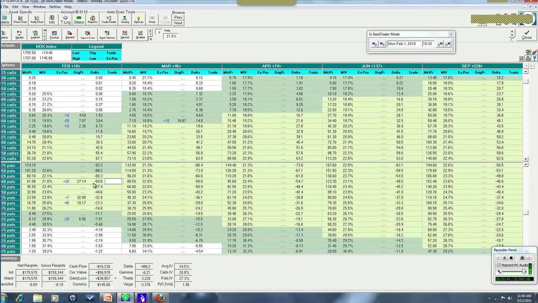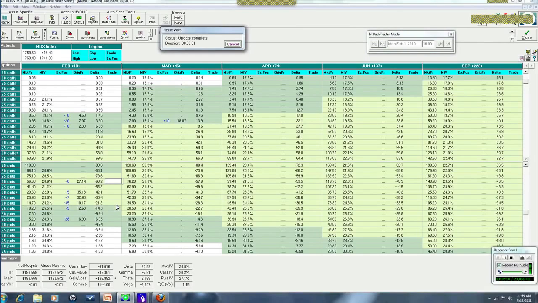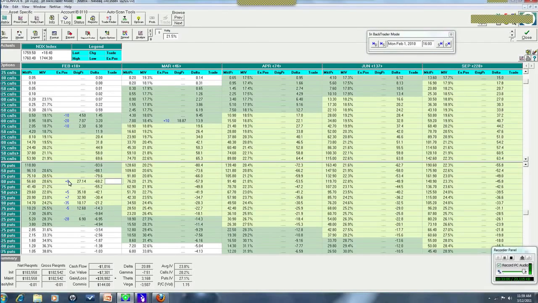You see that my deltas are way too short. My position's looking like this. I don't like that at all. So what I did was I came down in here and adjusted a bunch of these things. See, I'm long 20 of these. That's where I'm getting hurt right there. If I was going to adjust it right now, I'd cut some of those and I'd probably sell some more stuff down here.